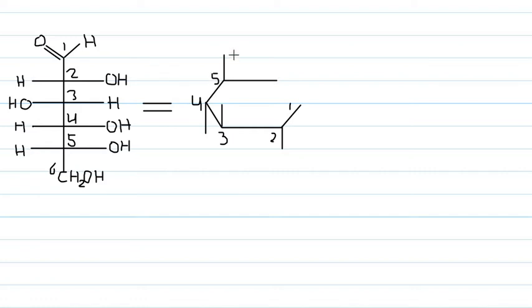Where is number 6? It is here. CH2OH. It is number 6. So 5, 6. Let's do one thing before. Draw the hydroxy groups on this structure.